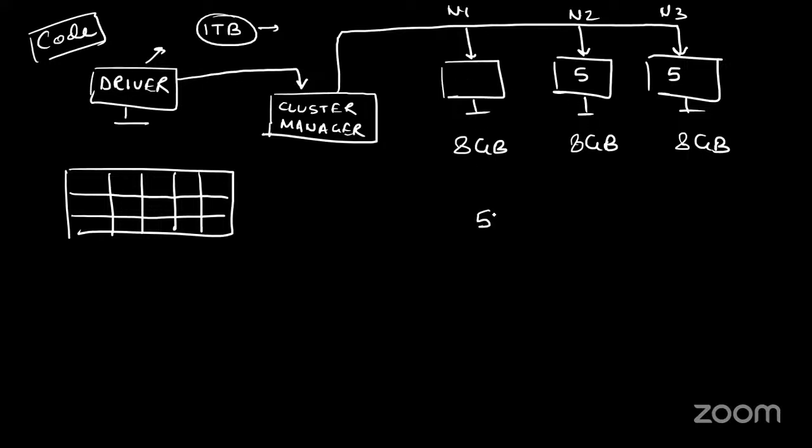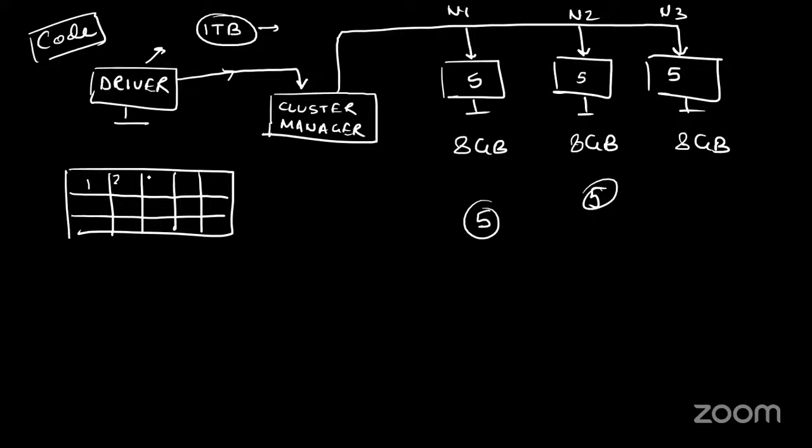It has processed this 5 GB of data and keeps whatever the output is. The cluster manager will let the driver know that another space is available, send more data. The driver will send another batch of 5 GB, which will now go to N1. Similarly, N2 completes, the output is collected, and new data arrives.